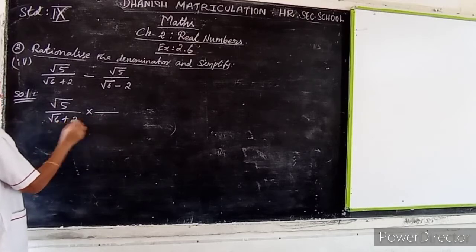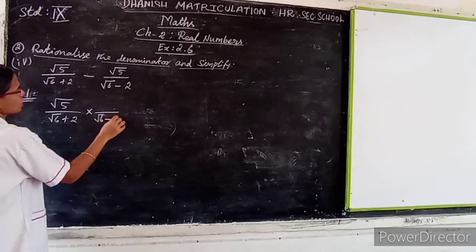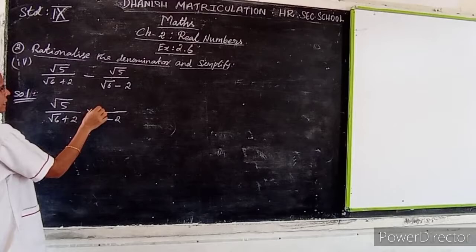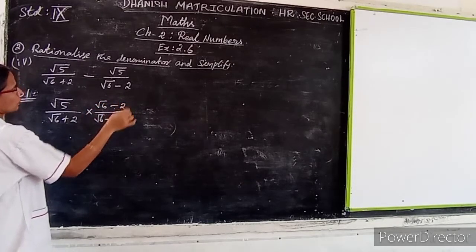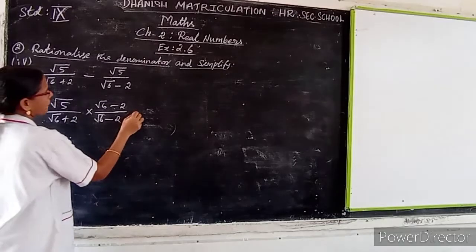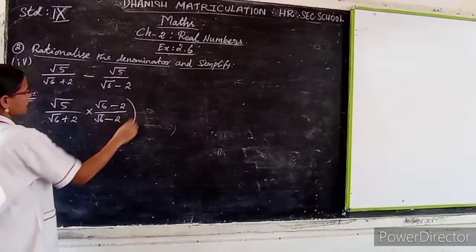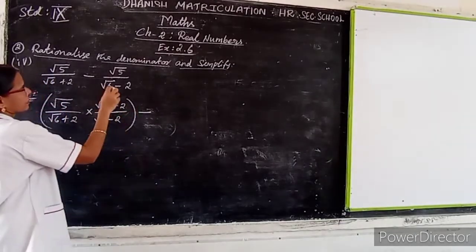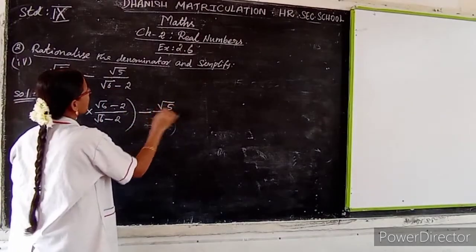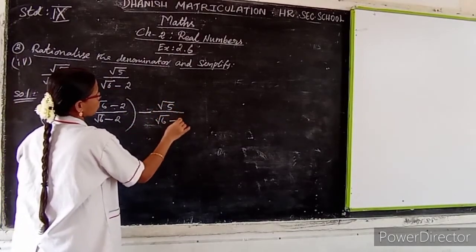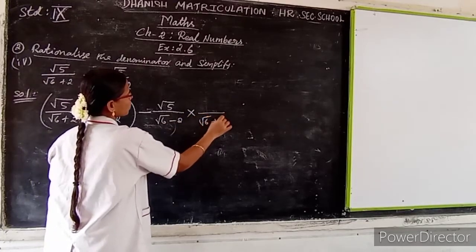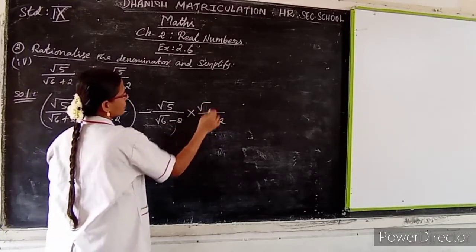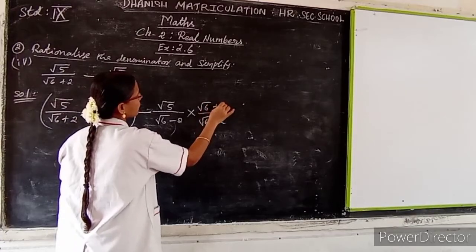The denominator's conjugate is root 6 minus 2. Multiply the numerator also with the same term, root 6 minus 2. Minus this term, root 5 by root 6 minus 2, whose conjugate is root 6 plus 2. Numerator the same term, root 6 plus 2.